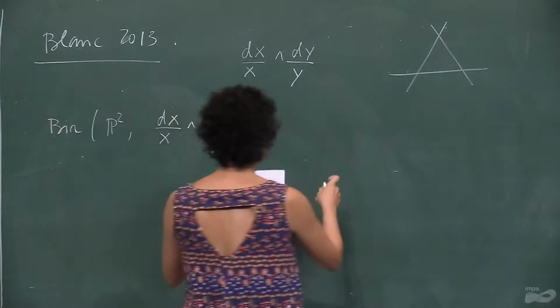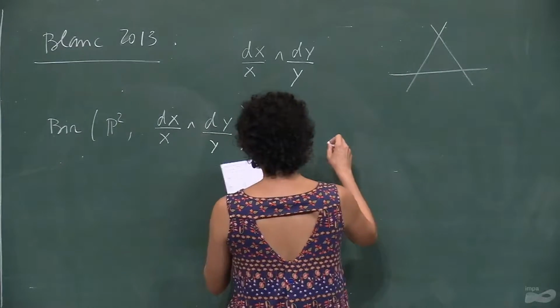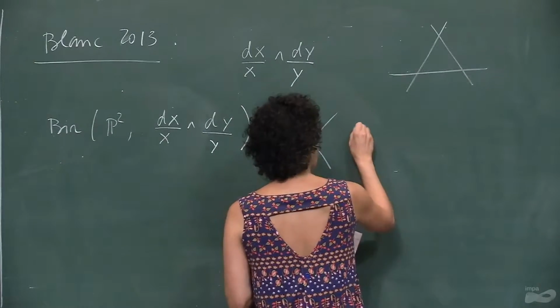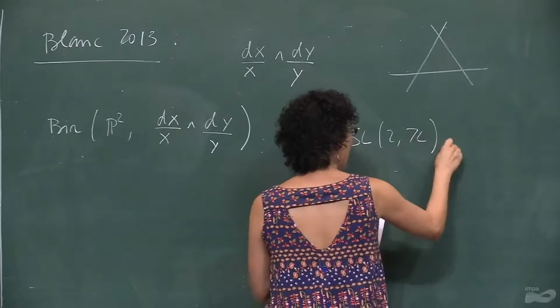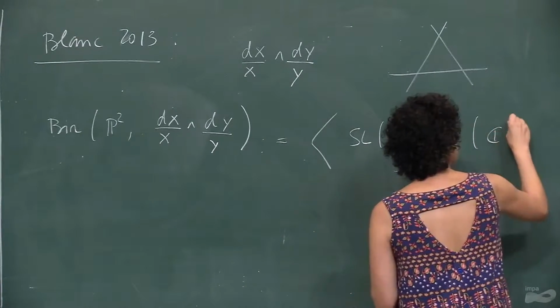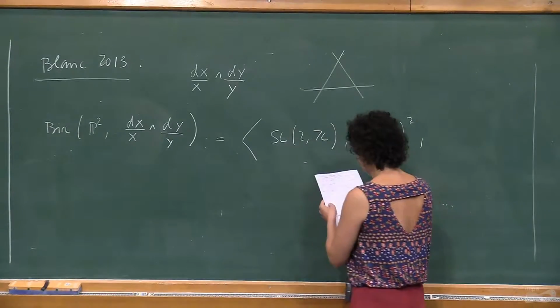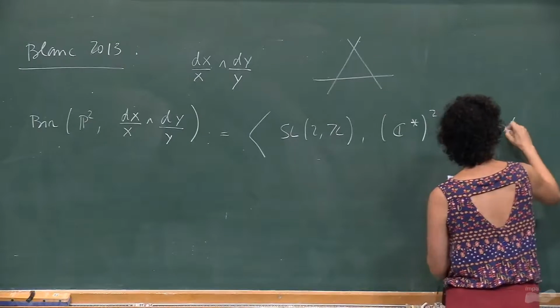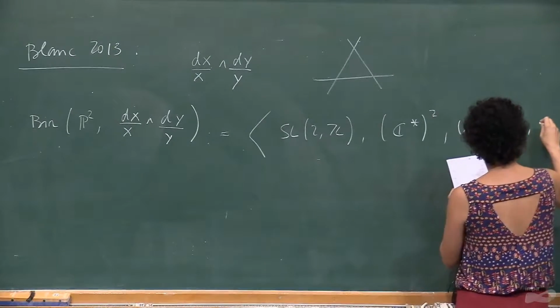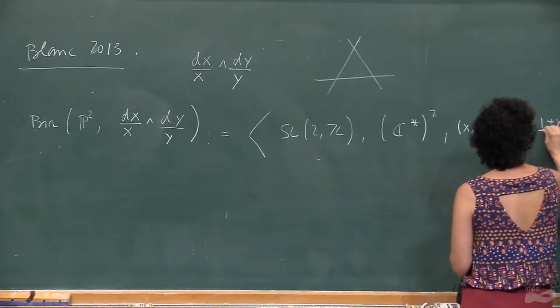So let me just state this. This is the subgroup generated by SL2(Z), the two-dimensional torus, and then one special Cremona transformation. I will write it in affine form, (x, y) goes to (y, (1+y)/x).